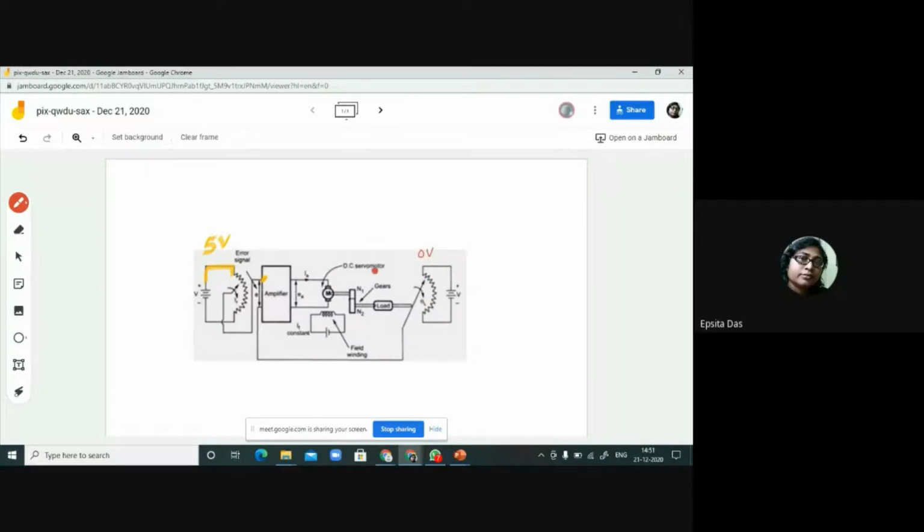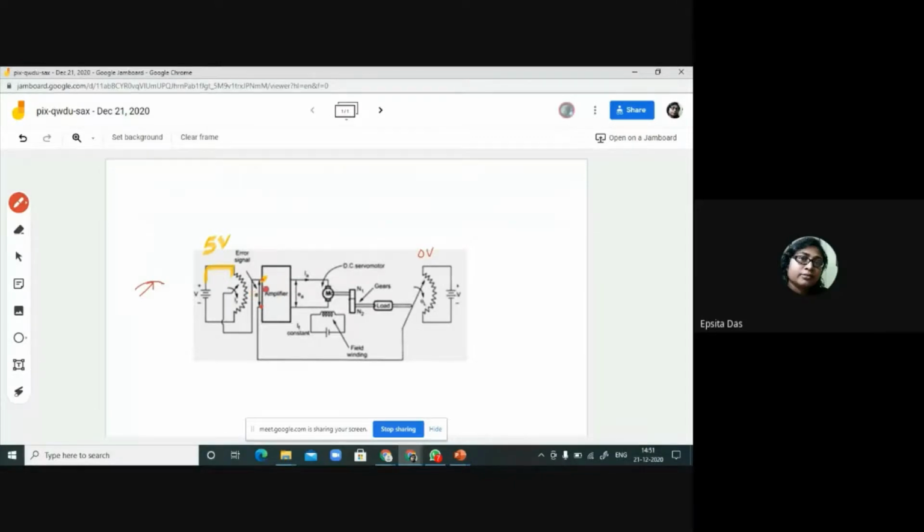So as I have changed the position, that means I have made the displacement. For that I am getting 5 volt at this point and, at that particular instant, 0 at this point. So what is the amount of voltage going to the input of the amplifier? It is 5 volt.